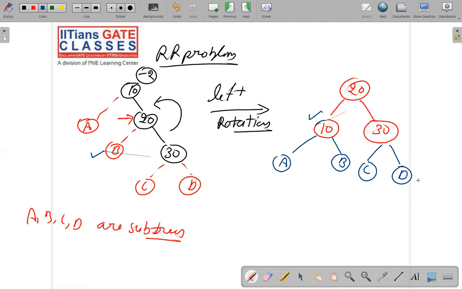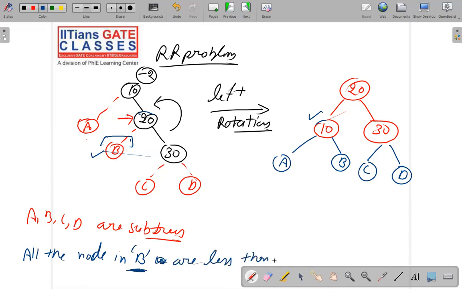What happened? All the nodes in this subtree B are less than 20. We know that.